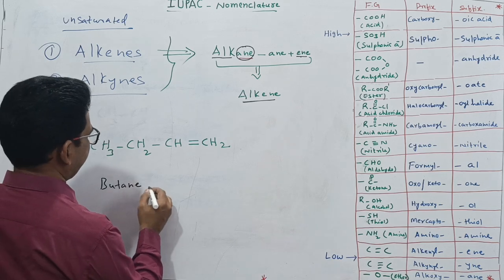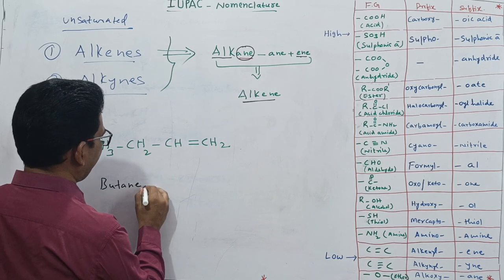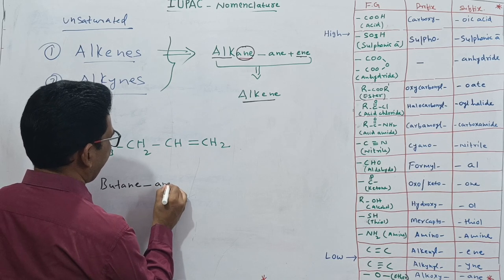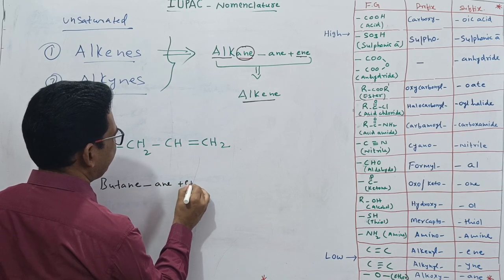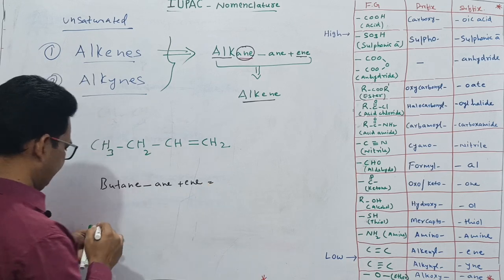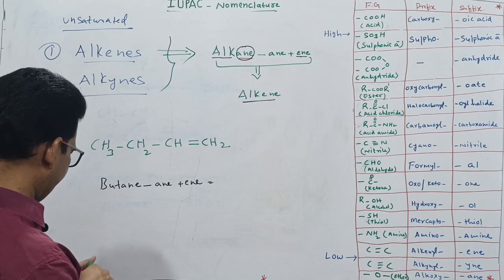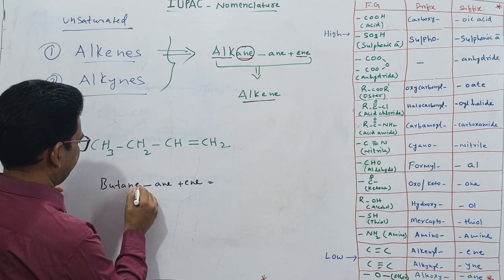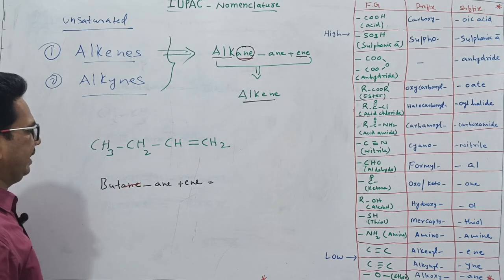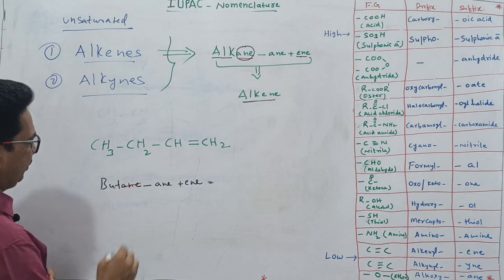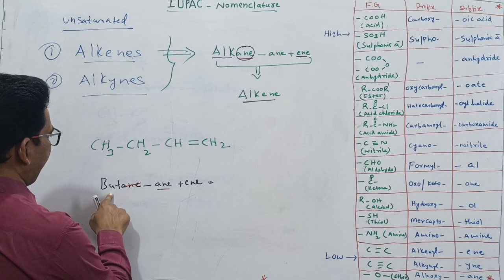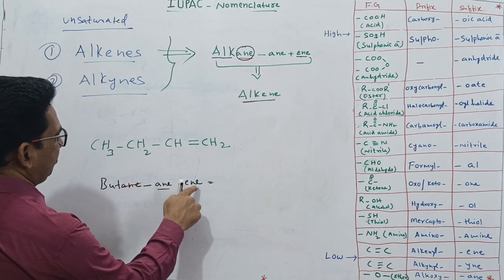Then butane. How will we write the name? Butane minus ane plus ene. Minus ane means we are removing this ane. That's why I wrote minus ane plus ene. Then what will remain? But plus ene.